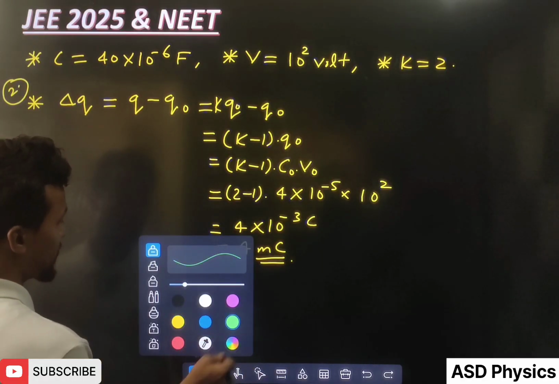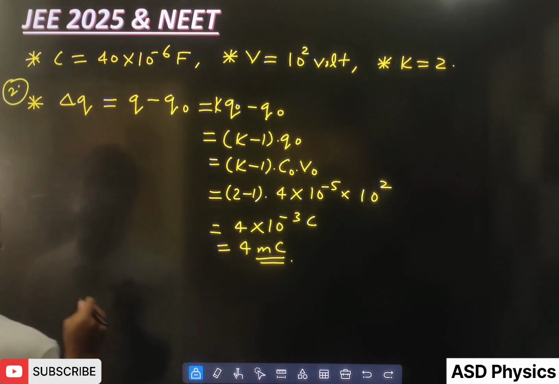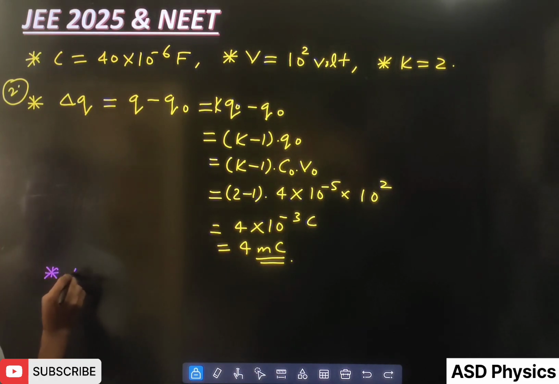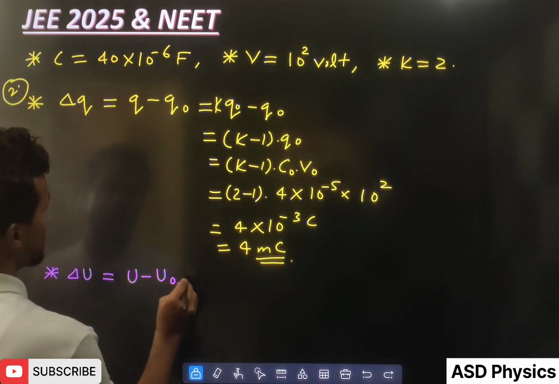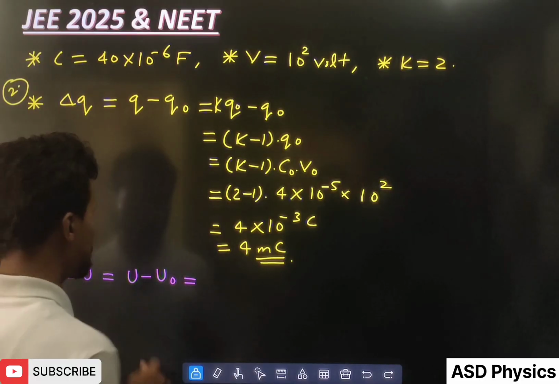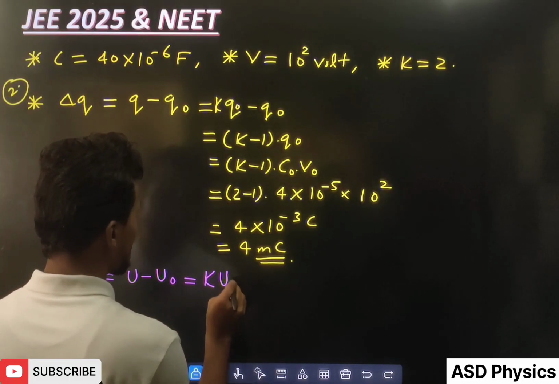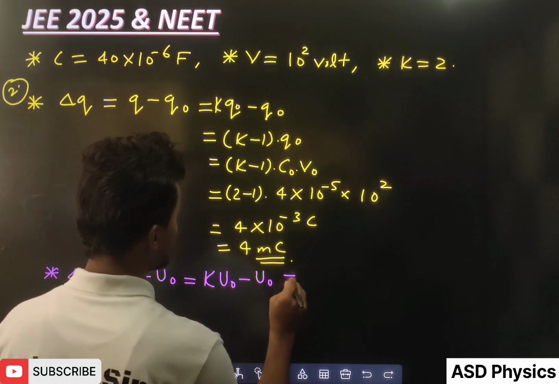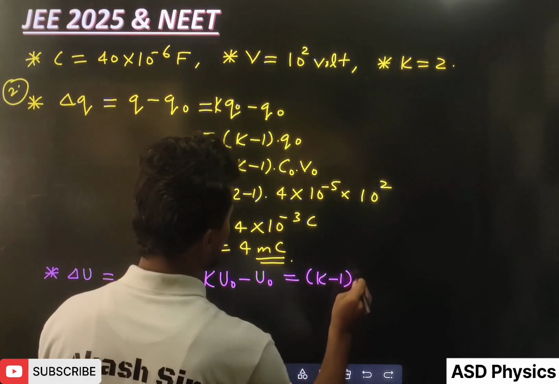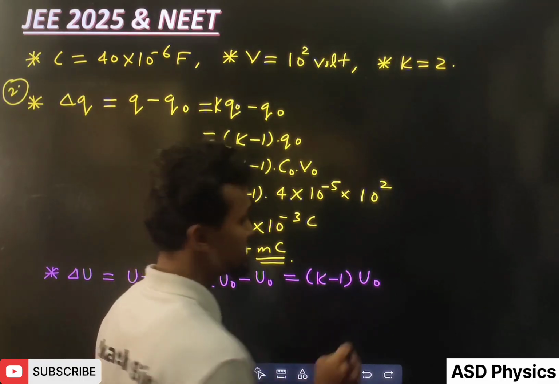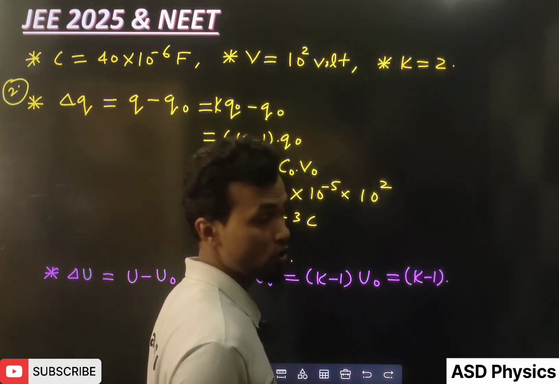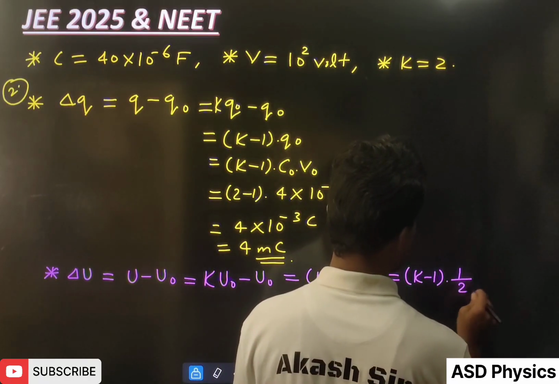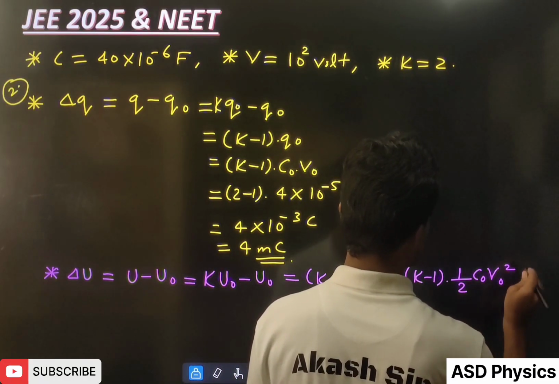Now the second one: the change in energy, delta U. Here also we write U minus U naught. U will become KU naught minus U naught, so I can write K minus 1 times U naught. Remember that in case of capacitors, U naught is half C naught V naught square.